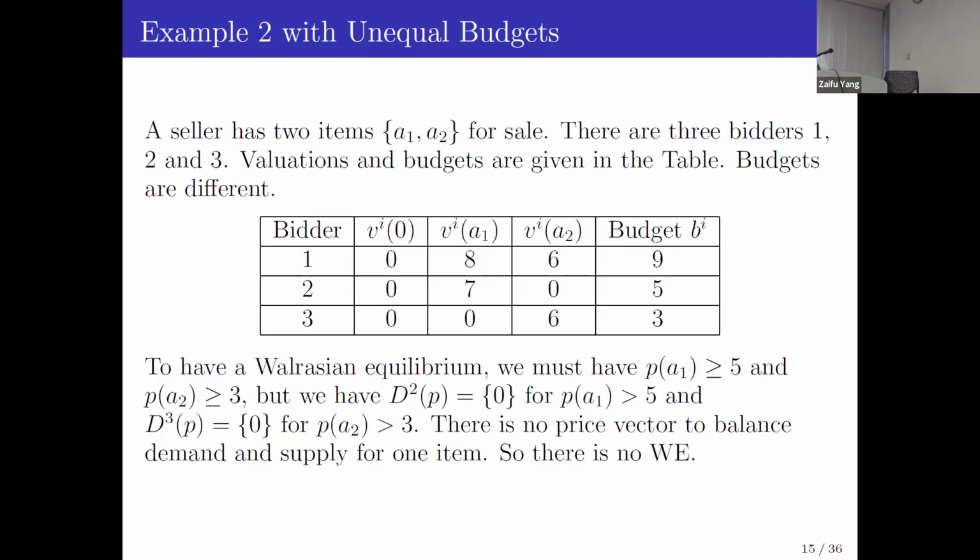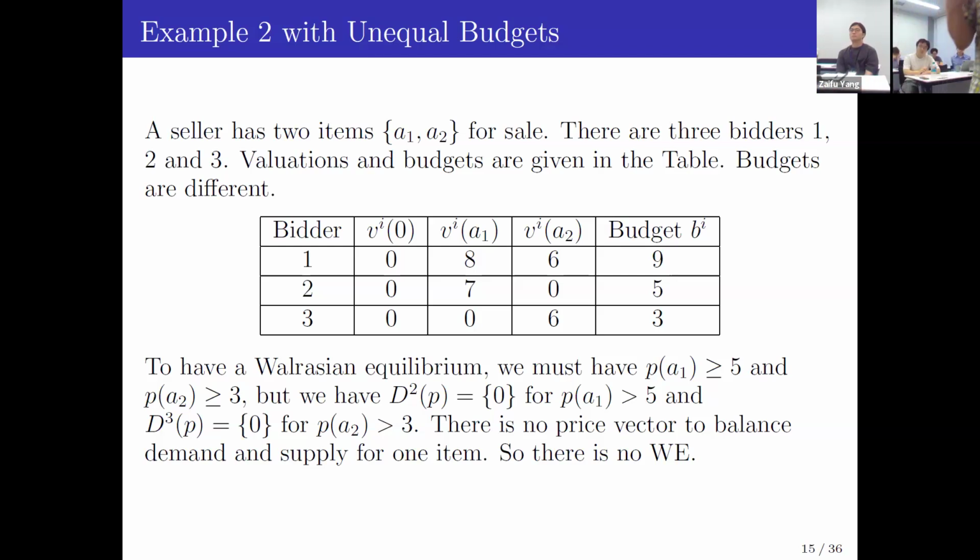Bidder 2 will have an empty demand, and bidder 3 does not want the item anymore. So there's no price to balance the demand and supply for one item. So there's no Walrasian equilibrium in this example.